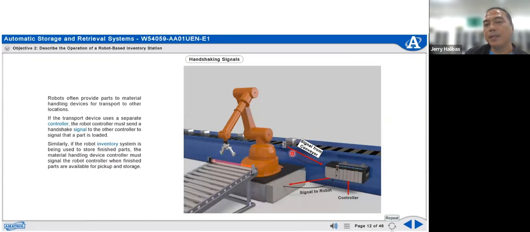This is a system wherein the conveyor is connected to your PLC, and the PLC informs the robot. That is what is known in communication standards as handshaking, handshaking signals or handshaking protocols.